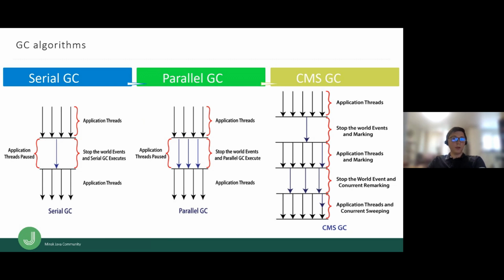Simply put, applications using this type of GC respond slower on average, but don't stop responding to perform garbage collection. But this garbage collector is considered deprecated and should be replaced with G1 GC.